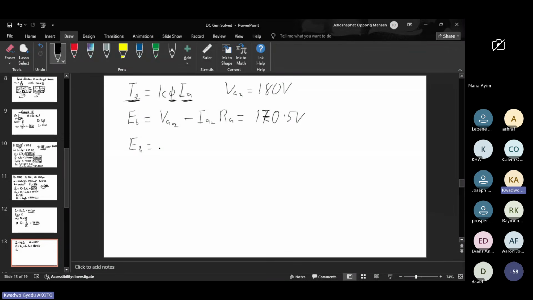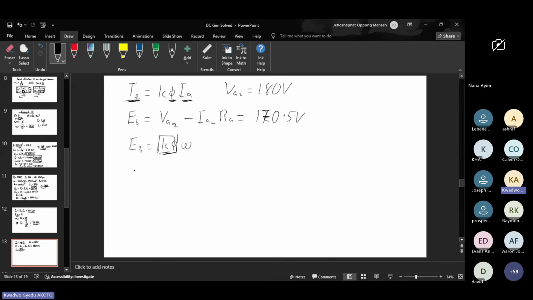So now we can go back and we know that EB is equal to K phi omega, right? So to get this, we need to find the value of our K phi, which at this point so far has been constant throughout because our phi has been constant, right? So we can use any of our EBs and our speed to determine K phi, right? So I'm going to use EB1 and our original speed to determine K phi.